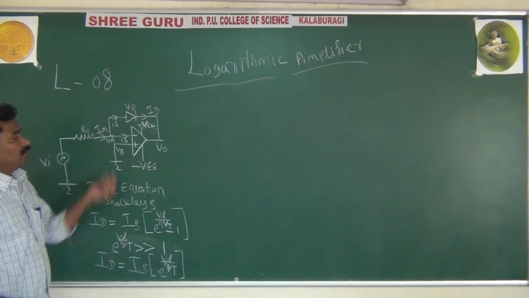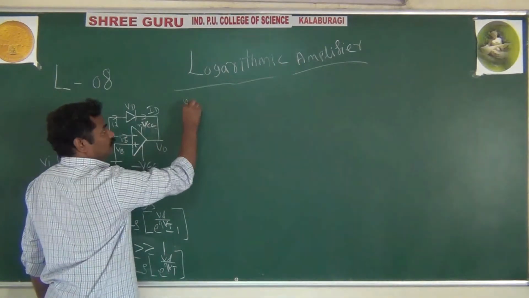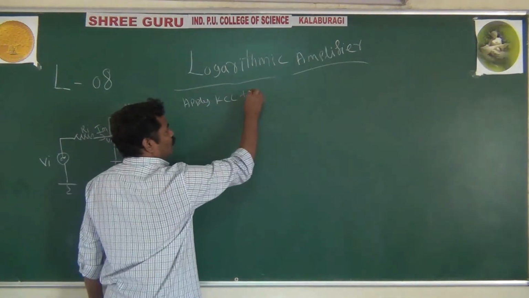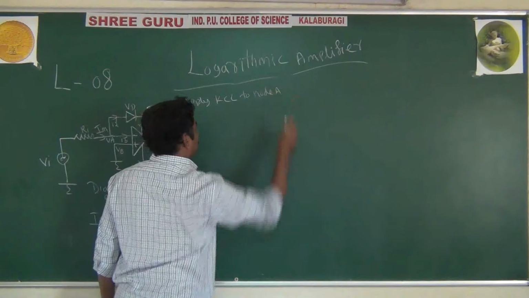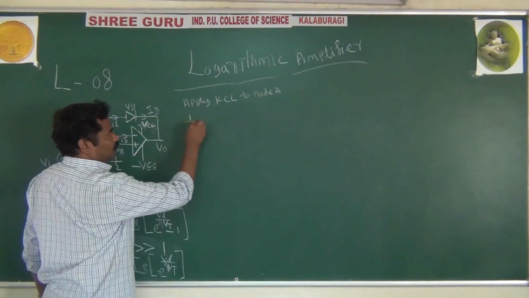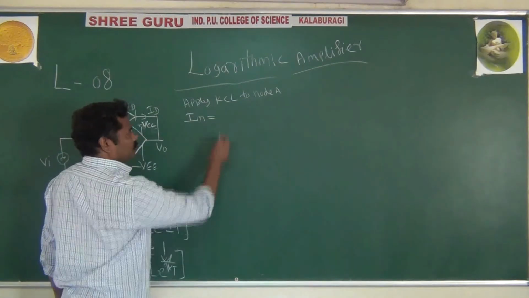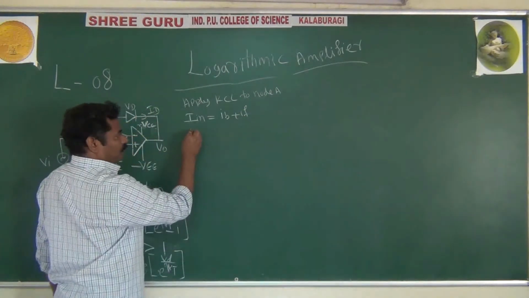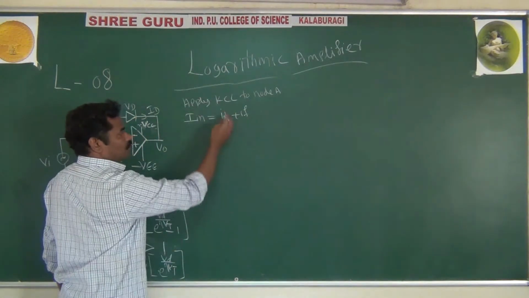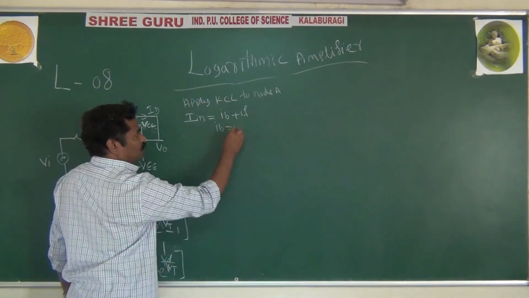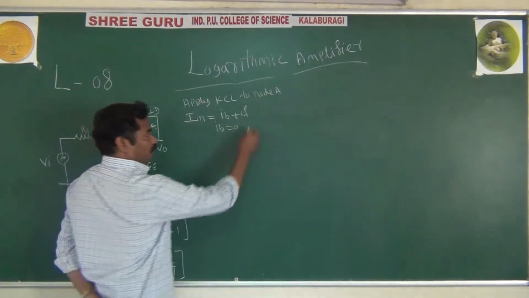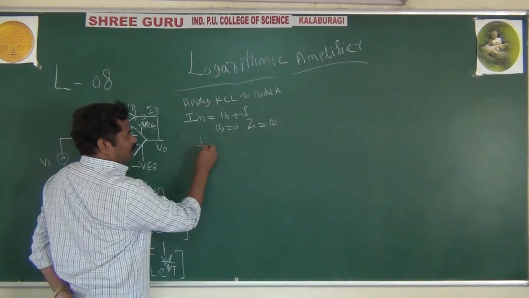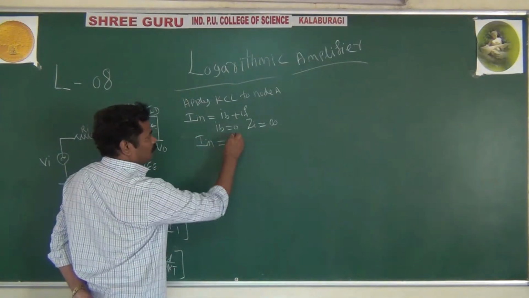And as usual, you can apply KCL to node A. That becomes IN equal to IB plus IF, and because IB is 0, as you know already, because the input impedance is infinity since we are considering the ideal op-amp, it becomes IN equal to IF.